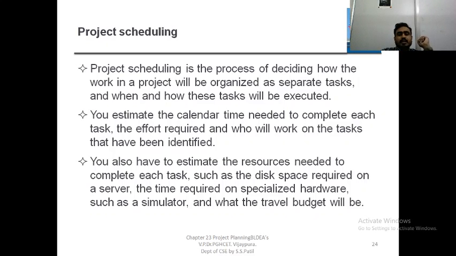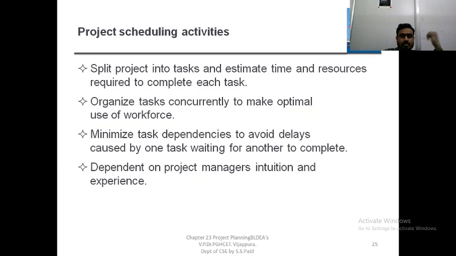You estimate the calendar time needed to complete each task, the effort required, and who will work on the tasks that have been identified. You also have to estimate the resources needed to complete each task, such as the disk space required, server time, hardware, the travel budget, and who is going to simulate it. So these things have to be considered when you are going for project scheduling.